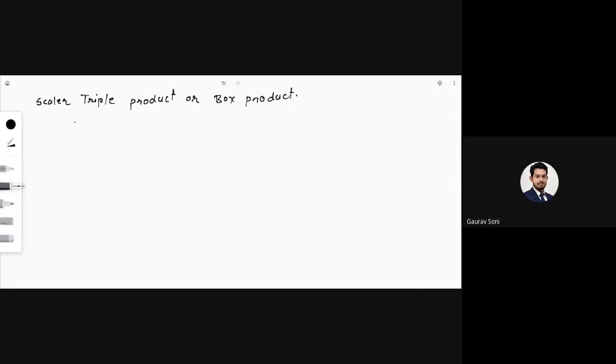The product is defined for three vectors a bar, b bar, and c bar as a bar cross b bar dot c bar.